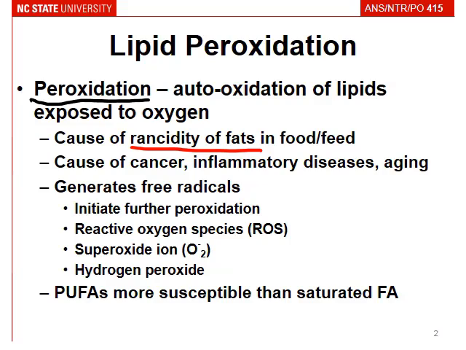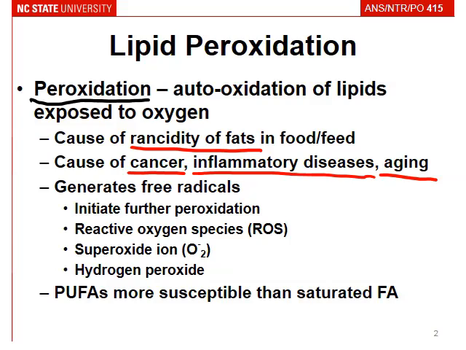Peroxidation is also the cause of many cancers. It also is associated with inflammatory diseases and also what is causing those nasty aging symptoms. So your wrinkles, etc. A lot of that has to do with the peroxidation.